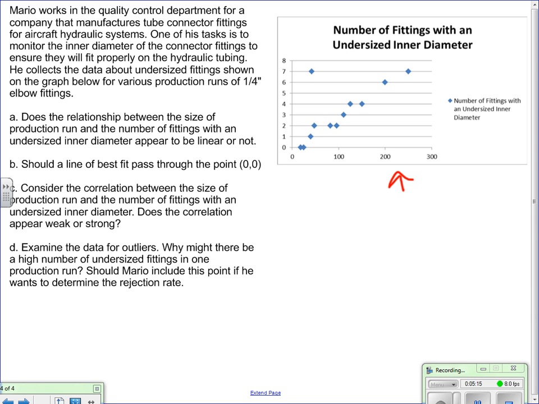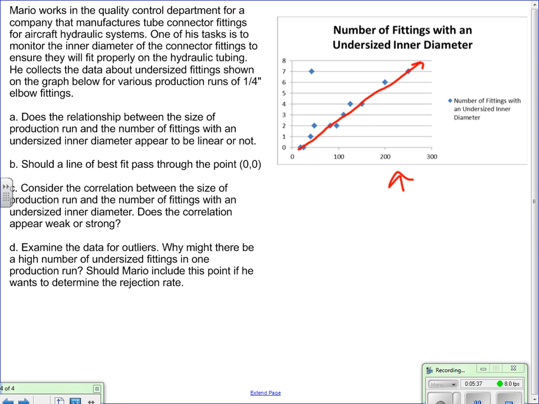If I was to draw a line of best fit, notice that it would fairly easily fall within a lot of those data points. So there seems to be a linear relationship between the undersized inner diameter and the number of fittings in a production run.